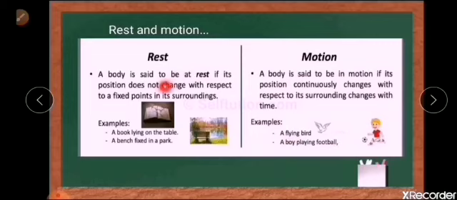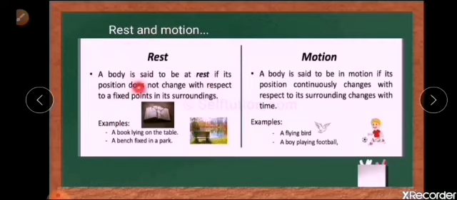Now let's suppose the time is running on, the object is not having any change in its position, then automatically the object is at rest. Suppose a book on a table or a bench fixed in a park. Time and tide waits for no man. Time will go on running. But these examples don't have any change in their position with time. So they are said to be at rest.